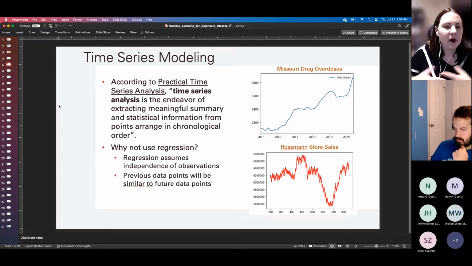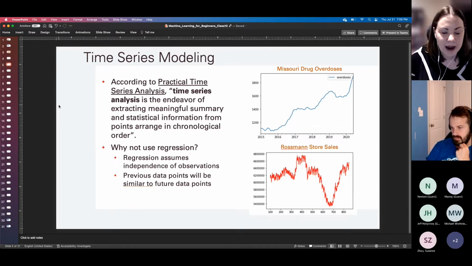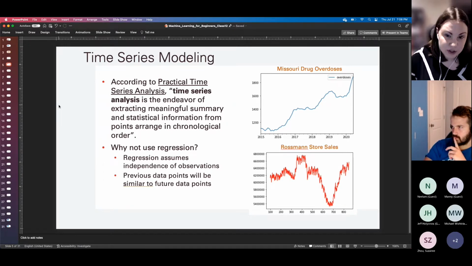You might be very familiar with regression. Why can't we use regression in order to look at data over time, forecast data over time, or understand trends? As you may know, linear regression assumes the independence of observations.